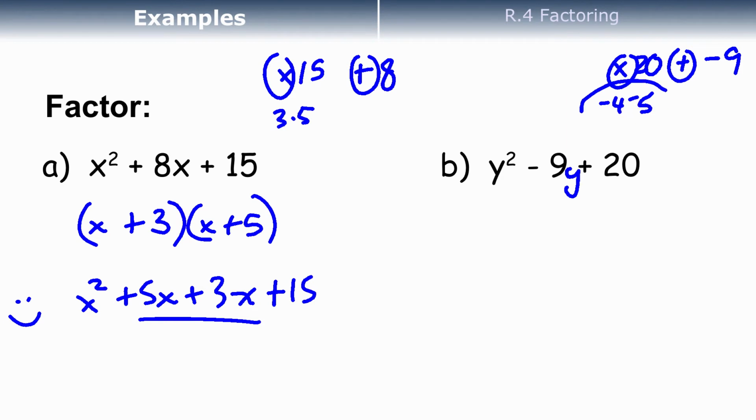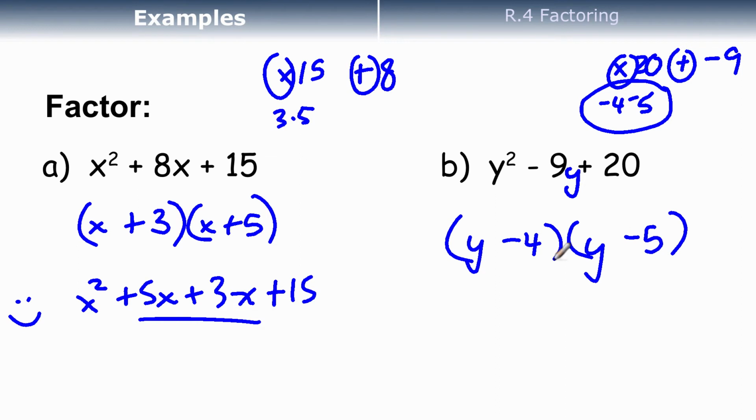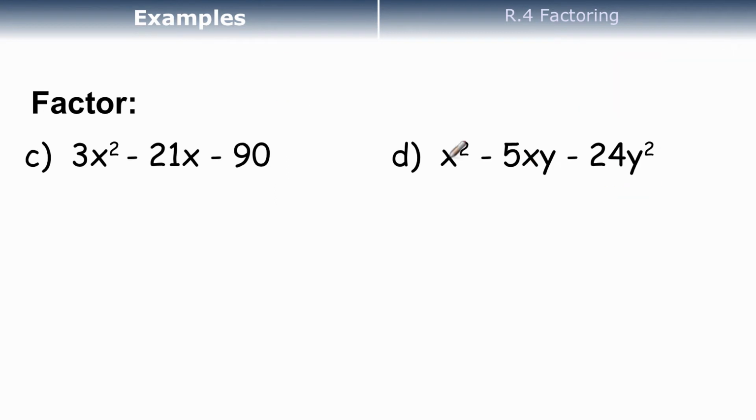So those are the numbers I want to use. So I can put my two brackets, a y there and a y there, and I'll have a minus 4 and a minus 5. Again, if you're not sure, it's a good idea to FOIL things out and check to make sure that you're correct. Here's a couple more similar to that that you can try.